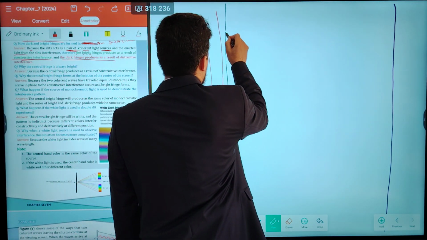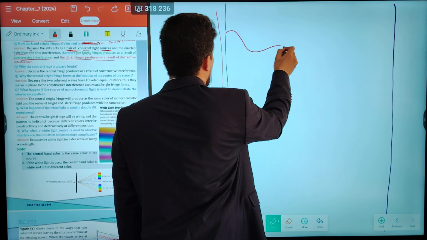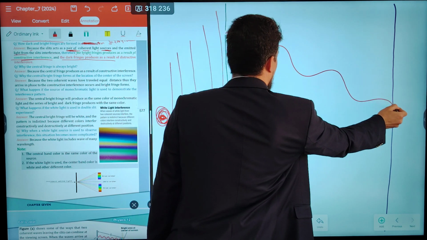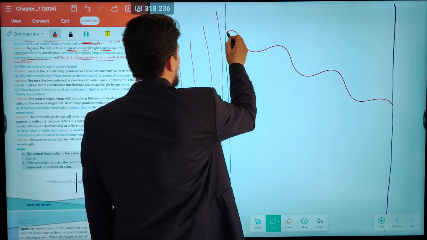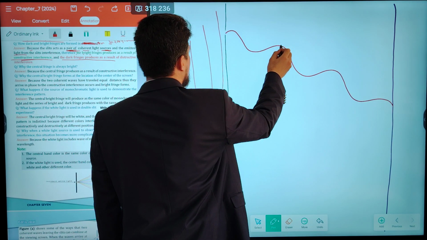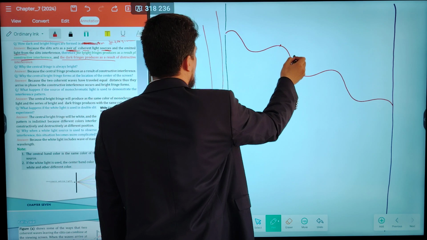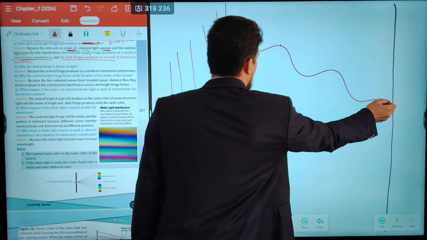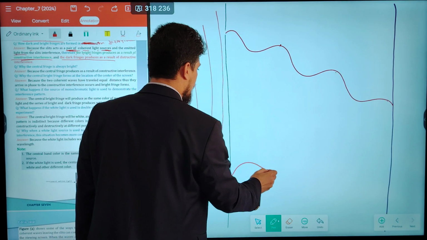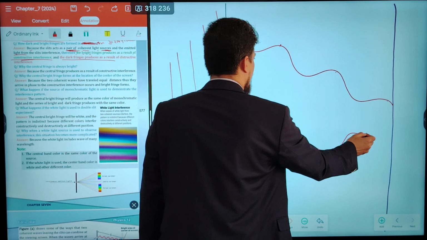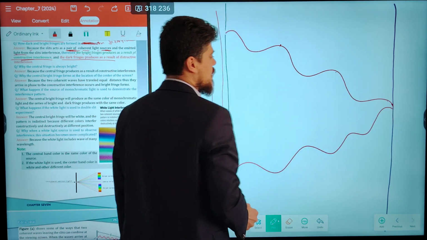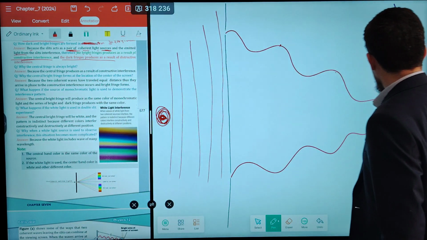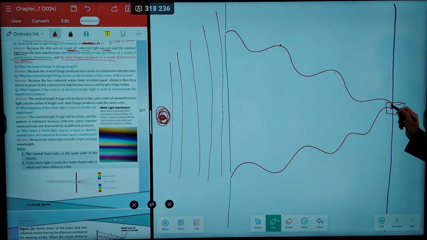Guys, look. This is a wave. How many wavelengths do we have? 1, 2, 3. Look. At the center of the screen, what is the type of interference? Constructive.